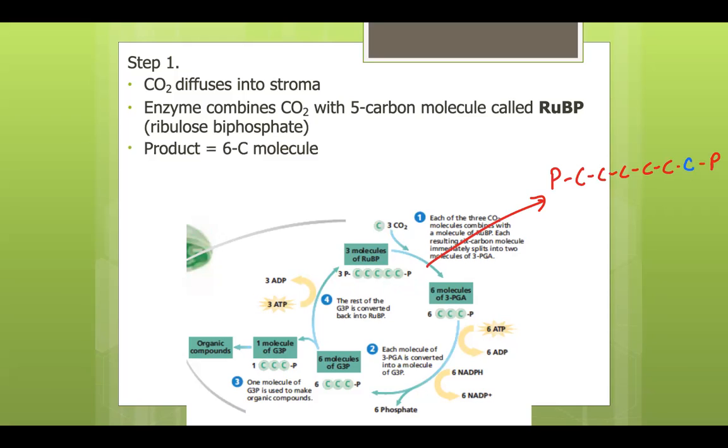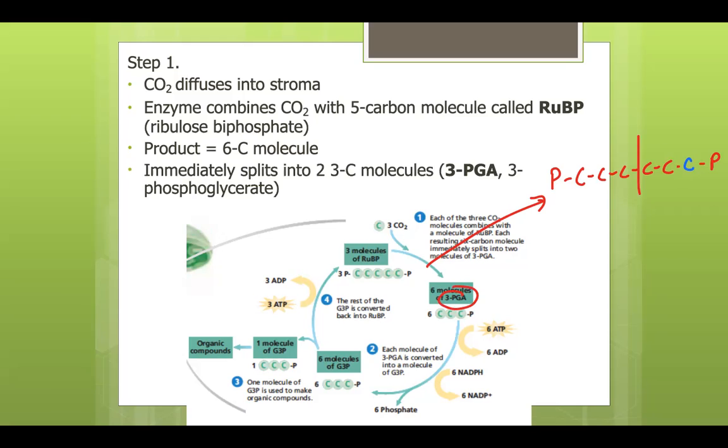This is a 6-carbon molecule, but this 6-carbon molecule is very unstable. And so it immediately separates in half to form a molecule called 3-PGA. 3-PGA stands for 3-phosphoglycerate, but you can just remember 3-PGA. Abbreviations are always okay.